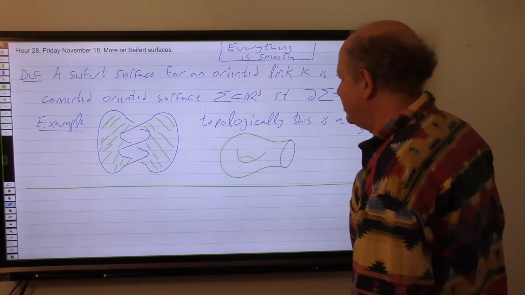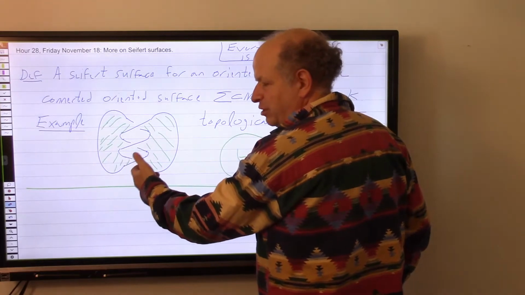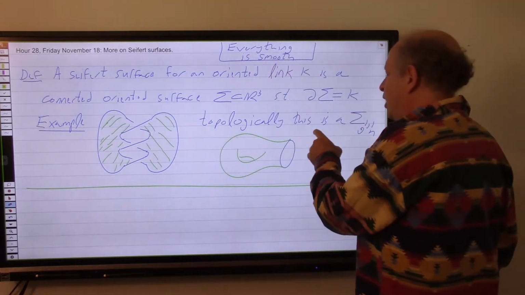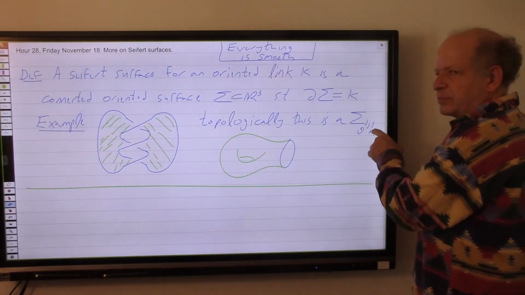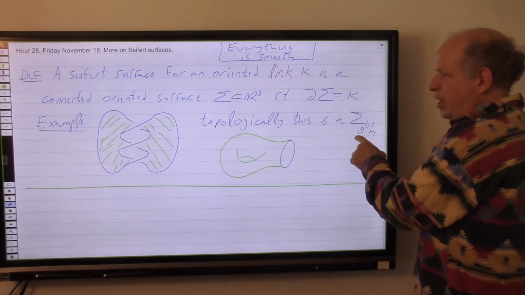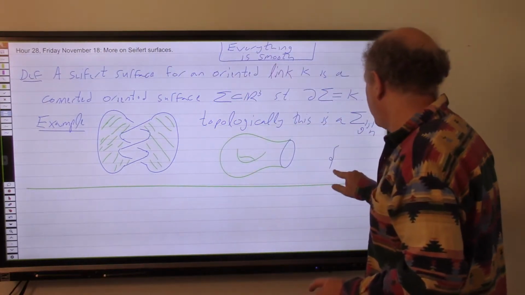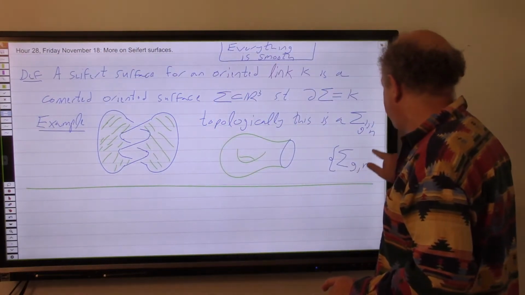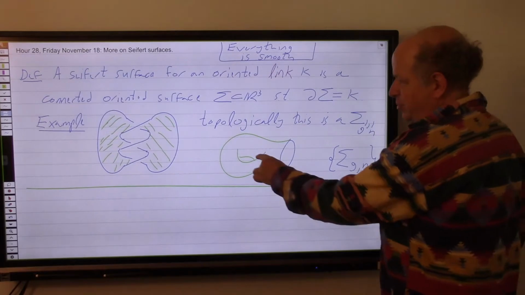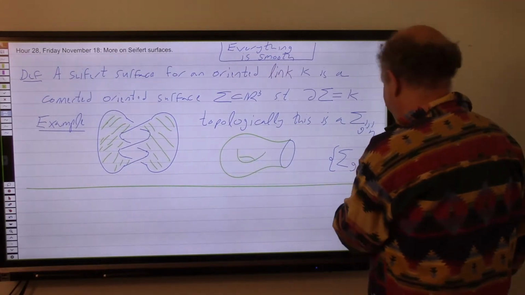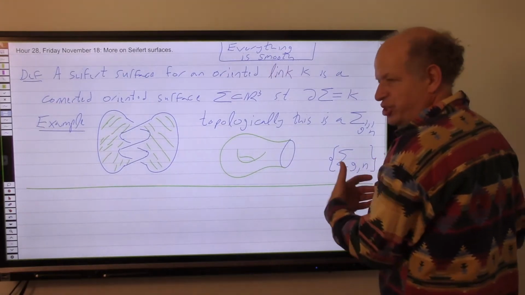And last time we spent some time playing around, deforming it, and finding that it is topologically a sigma 1,1, where in general all surfaces with boundary are always homeomorphic to one of sigma g,n, where g is the genus, namely the number of holes, and n is the number of boundary components, or also sometimes called punctures.